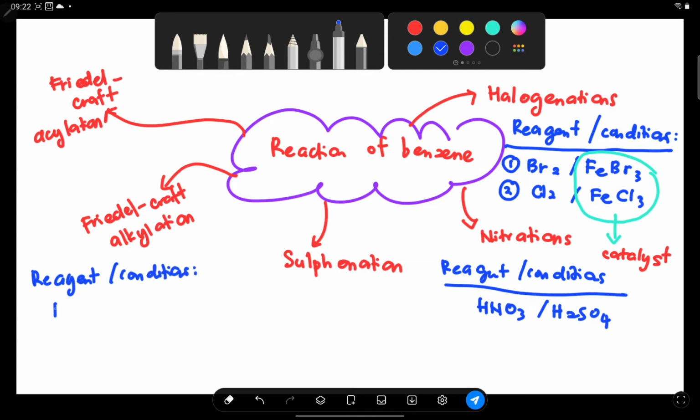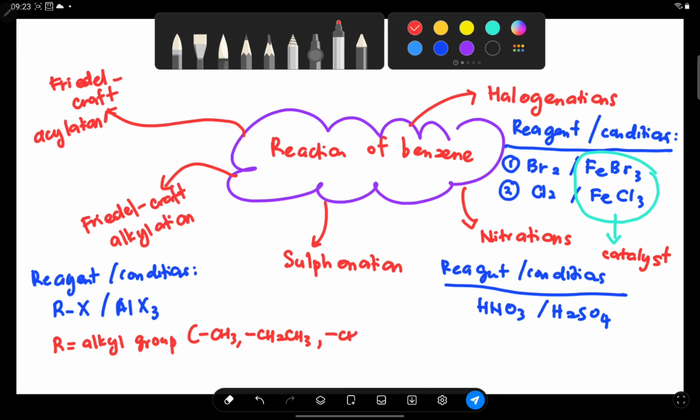So the alkyl group is R, X, alkyl halide in the presence of AlX3. R represents the alkyl group, so it can be CH3, or CH2CH3, or CH2CH2CH3, and so forth.